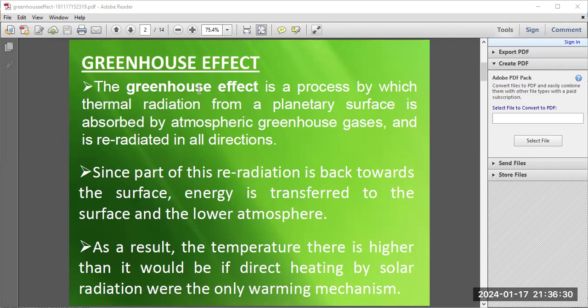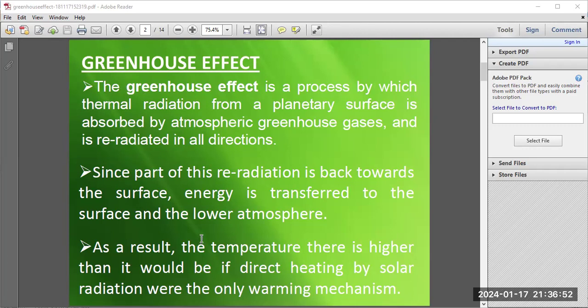Since part of this radiation is back towards the surface, energy is transferred to the surface and the lower atmosphere, which I have just discussed here. As a result, the temperature there is higher than it would be if direct heating by solar radiation were the only warming mechanism.